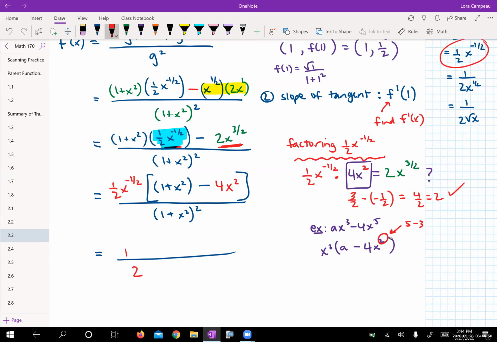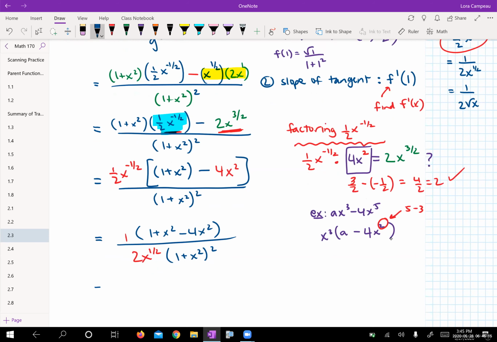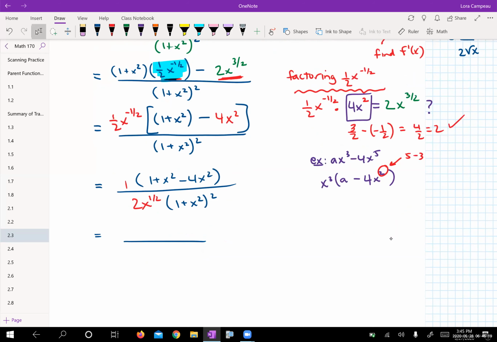And then x to the -1/2, if I want to switch levels, I should have x to the +1/2, except I'm moving to the denominator. So this would give me 1 plus x squared minus 4x squared. I didn't need the extra parentheses anymore. And of course, the denominator has not changed. I have 1 plus x squared, squared. And we can combine like terms if we need to. I have 1 minus 3x squared on the numerator now.